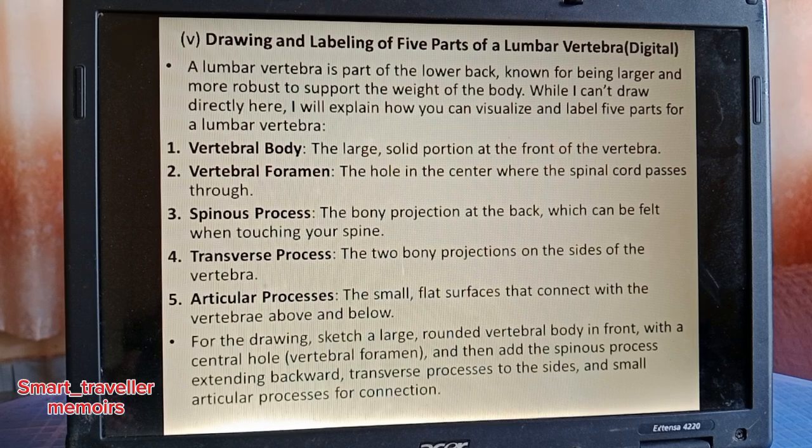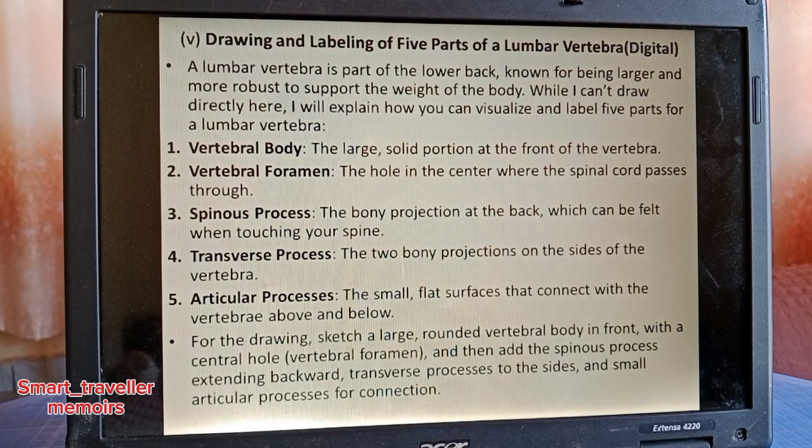We have the vertebral foramen, the hole in the center where the spinal cord passes through. Then we have the spinous process, the bony projection at the back, which can be felt when touching your spine. Transverse process is the 2 bony projections on the sides of the vertebra. And articular processes, the small flat surfaces that connect with the vertebrae above and below.